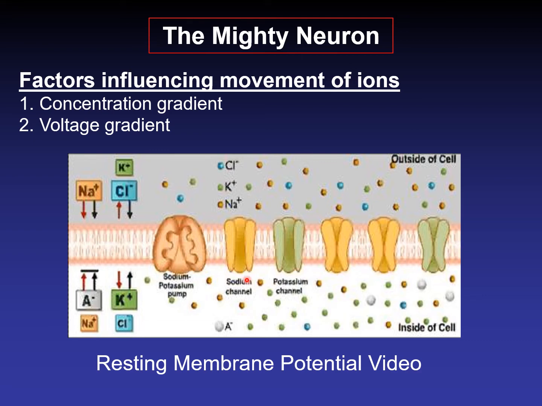And inserted in that cell membrane ever so often are sodium channels and potassium channels. We'll talk also about a sodium-potassium pump. That'll come in a little bit. For now, let's talk about the relative concentrations and voltages of ions inside versus outside of the neuron.